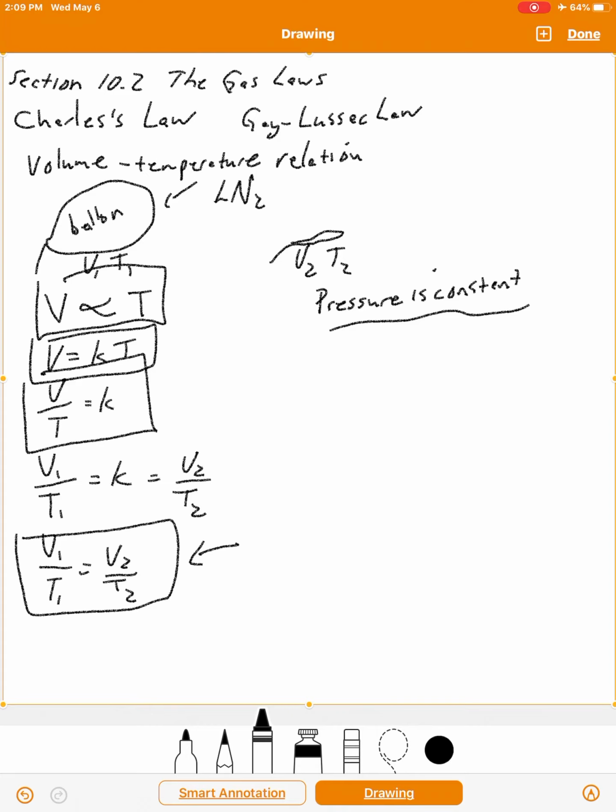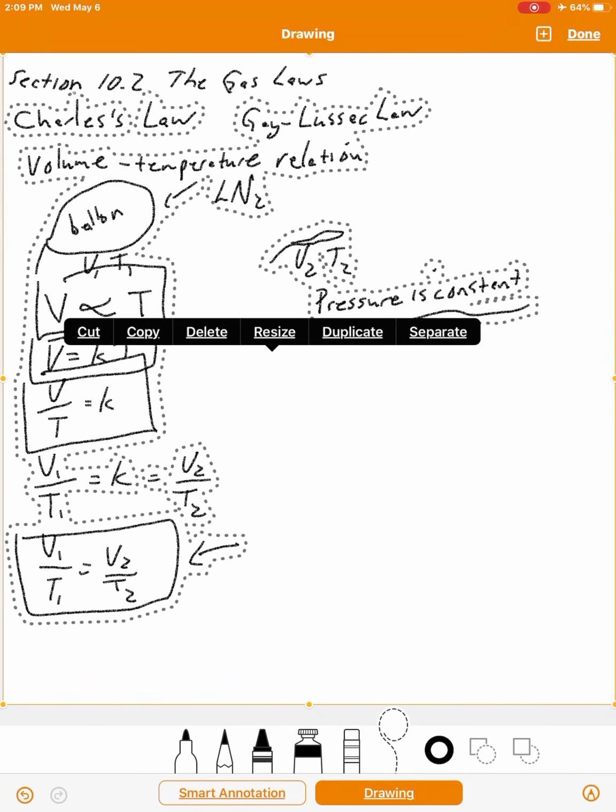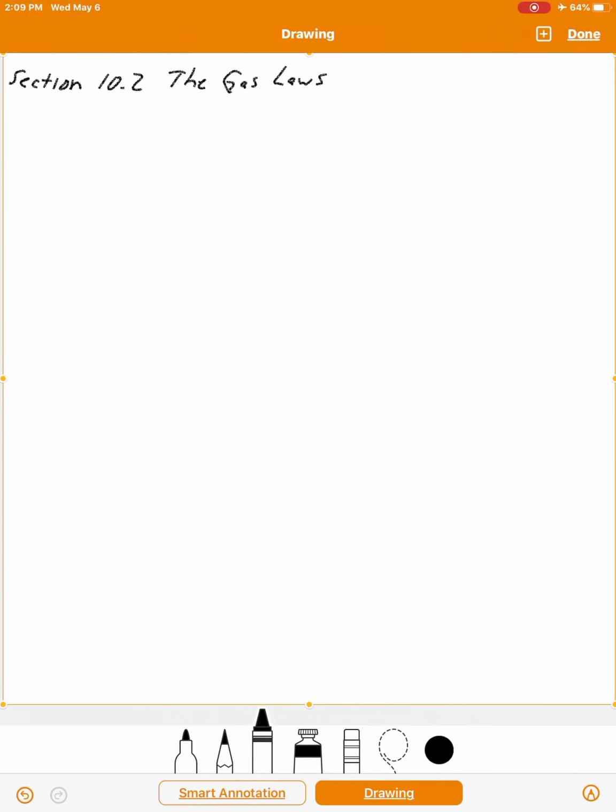Okay, so now let me make a little point here in discussing this, and that is the issue of temperature. We have stayed away from talking too much about temperature so far, but I want to talk a little bit about temperature scales. There are three scales that you've perhaps heard of.